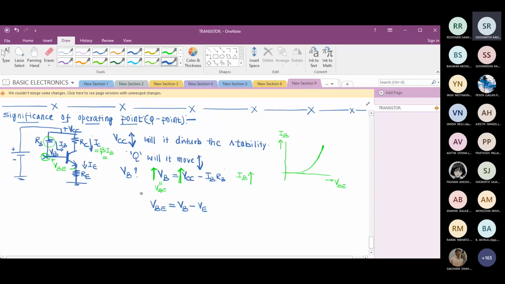Fine? VBE potential difference is the voltage at the base minus the voltage at the emitter, the potential difference between base and emitter. Is it fine? Can I proceed? Yes, sir. Is VB equal to VCC minus IBRB?